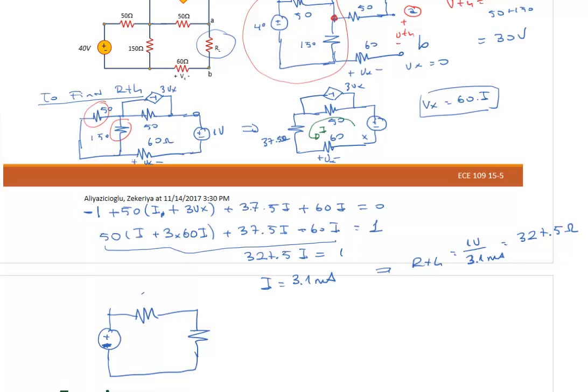This is 327.5 ohms. Here we have the one we found at the beginning, VTH 30 volts. So that means RL should be equal to RTH, which equals 327.5 ohms.